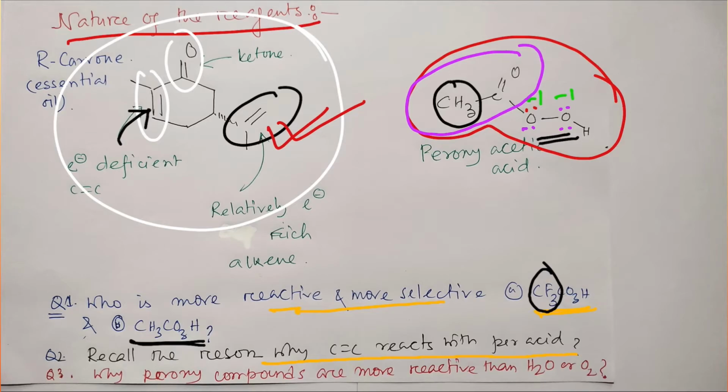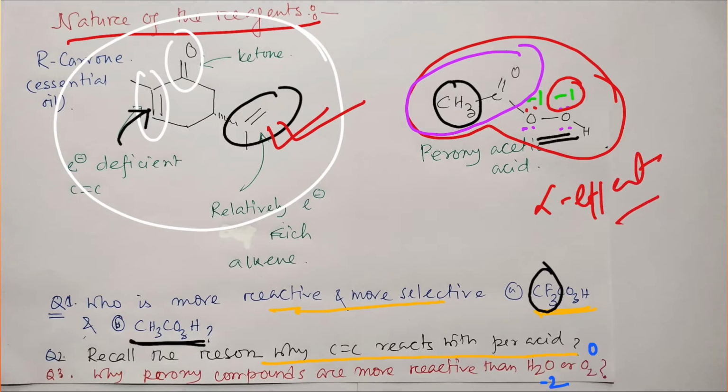Why are peroxy compounds more reactive than water or oxygen? In water the oxidation state of oxygen is -2, in molecular oxygen it is 0, but in a peroxy compound it is -1. This is an intermediate oxidation state, so peroxy compounds are reactive and prefer to go to -2. And this lone pair repulsion is known as the alpha effect.